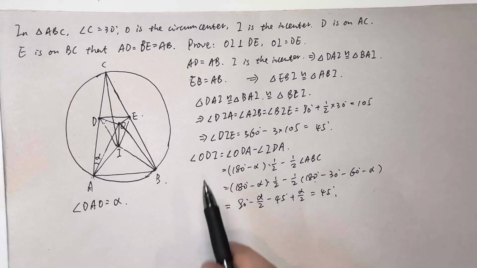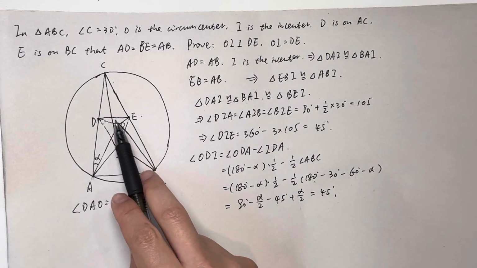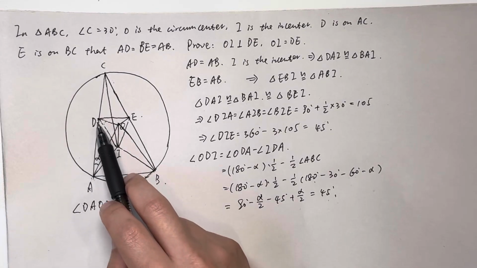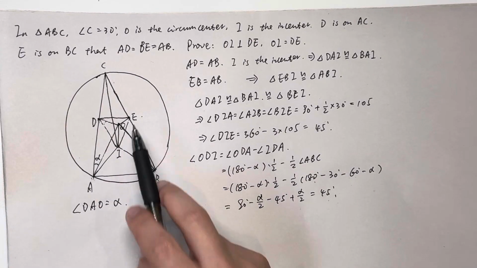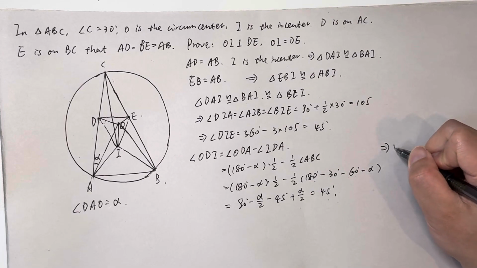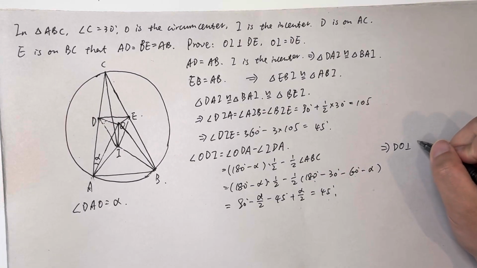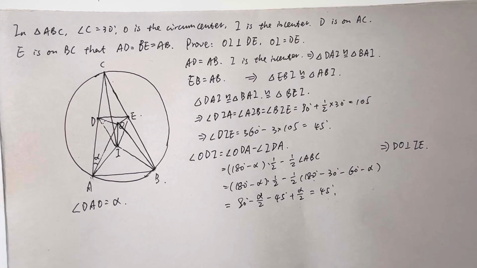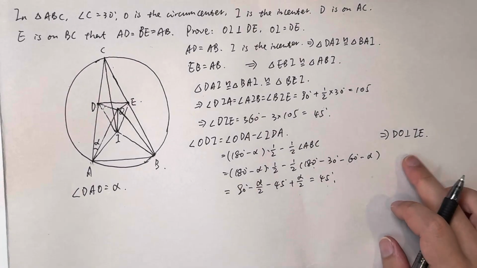Because we just proved angle ODI equals 45 degrees, and we know that angle DIE equals 45 degrees. So based on these two, we know that DO is perpendicular to IE. Right, DO is perpendicular to IE.